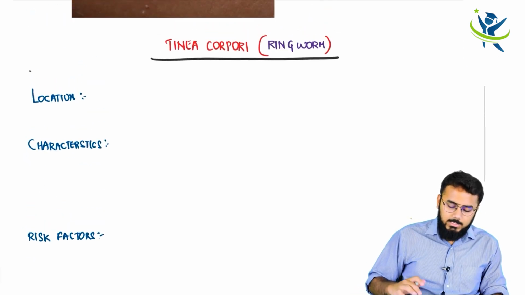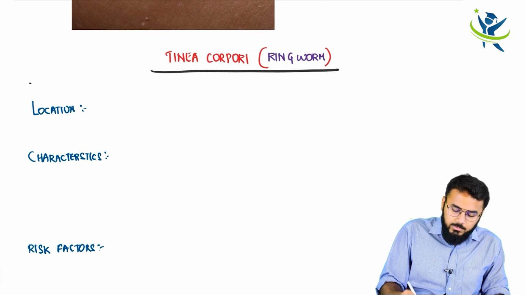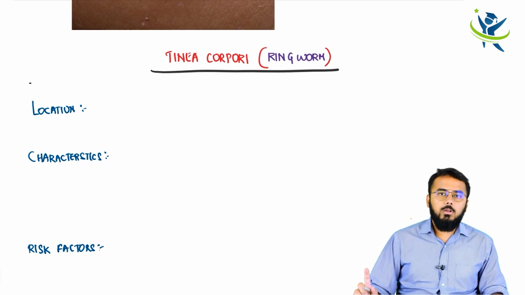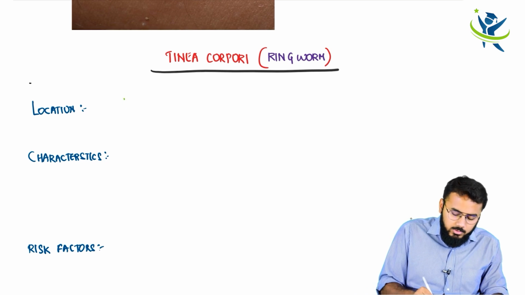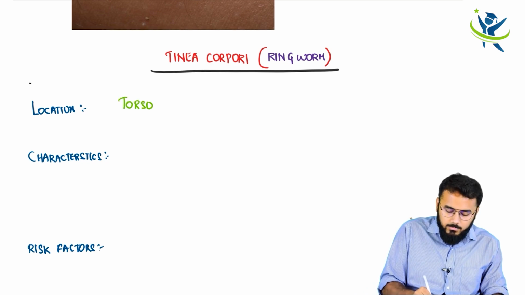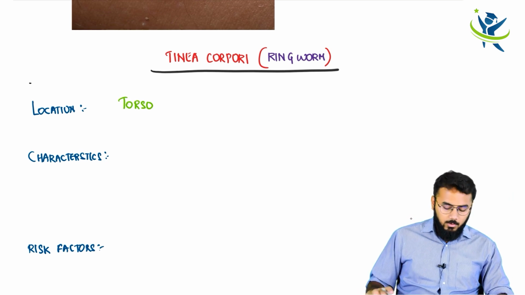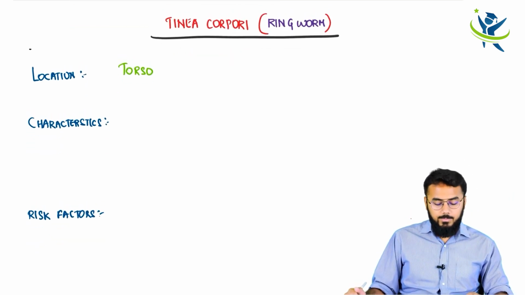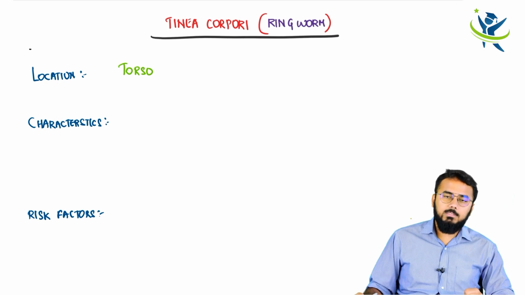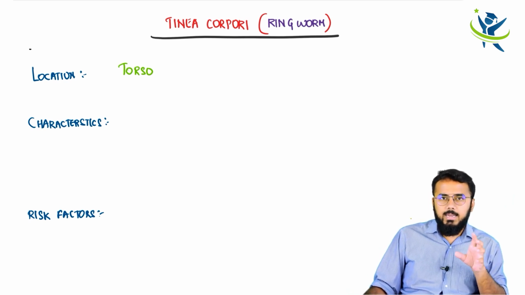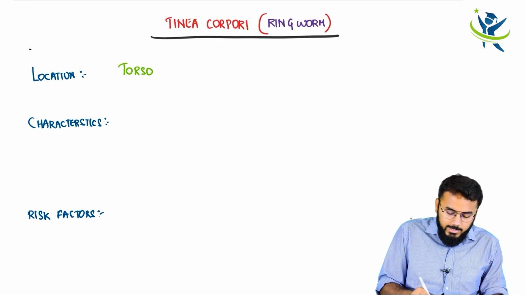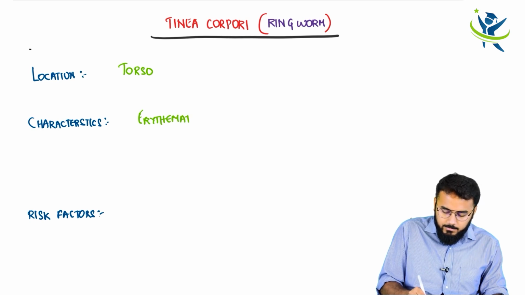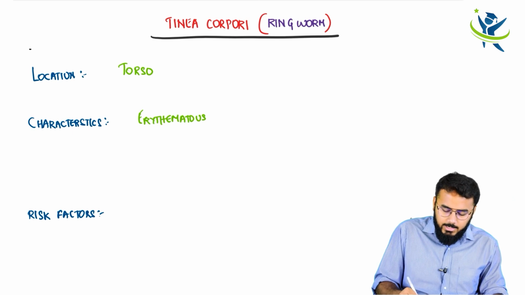Okay, let's get started now. The first important thing is the location. Tinea corporis mainly affects your torso. Now, the characteristics of Tinea corporis, or ringworm: this is a red colored rash, so I call it an erythematous rash.